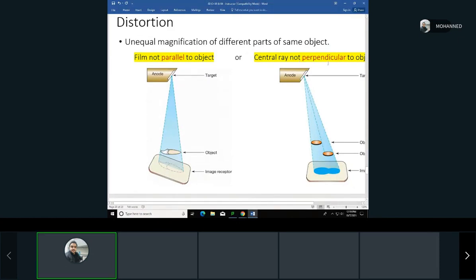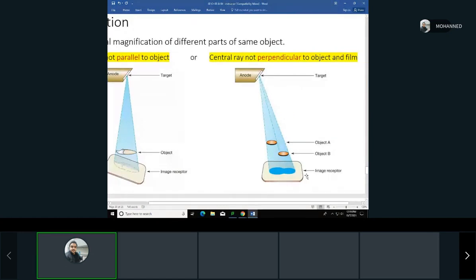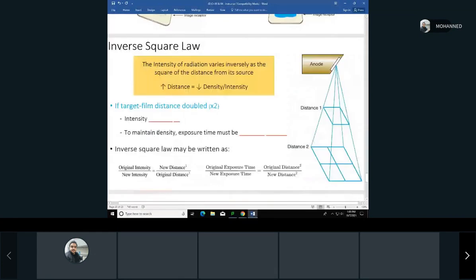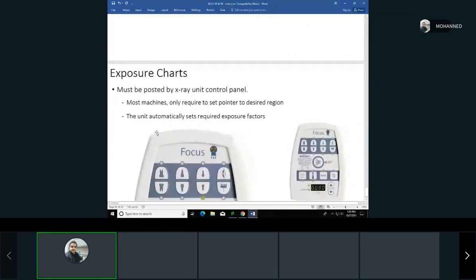Or if the X-ray beam is not perpendicular to the object and the film receptor, you also might get distortion, which is, again, parts of the image will be bigger than other parts. And sometimes this can be elongation or foreshortening. All good?